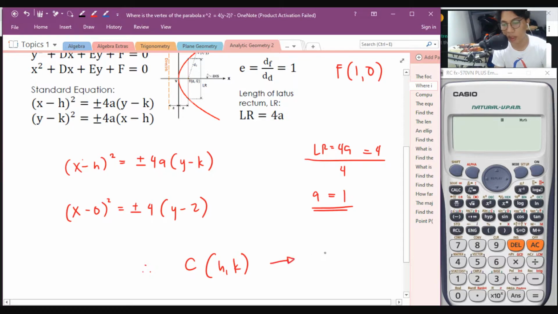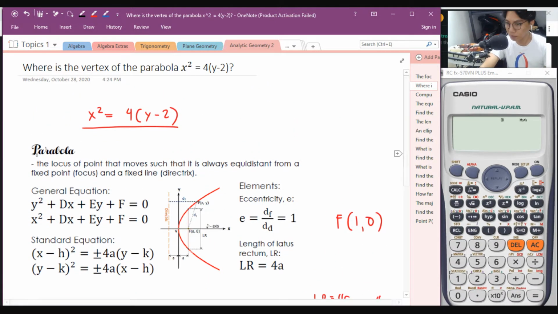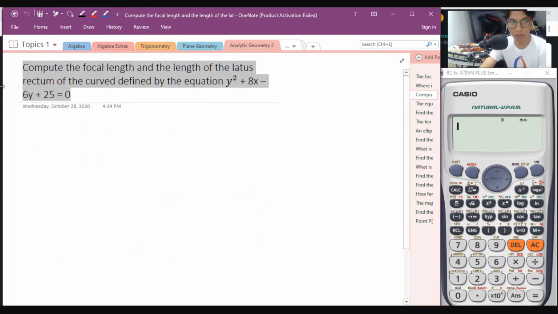Ito yun. Center is at negative. Wala naman negative na 0. So, 0 and, ito, negative. Ibig sabihin, positive 2. That will be the answer. Very basic lang yan. Next one.